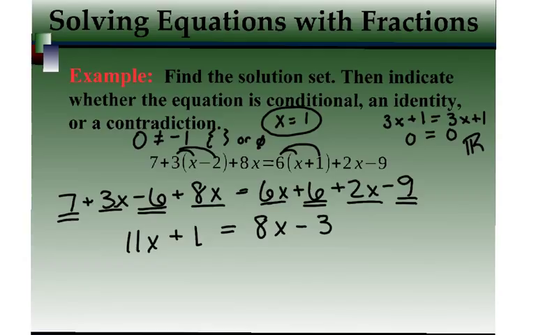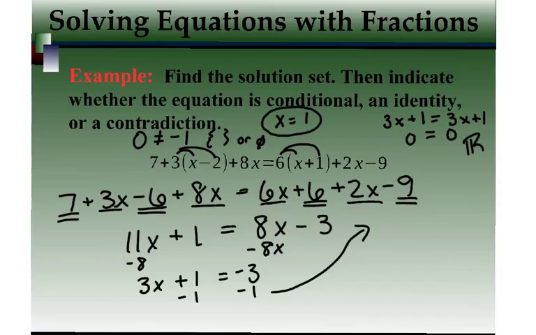Now, get all of our x's on one side of the equation and all the other numbers on the other side. So I'm going to subtract 8x on both sides of the equation to get, let's see, that's 3x plus 1 equals negative 3. And then add or subtract this 1 on both sides.